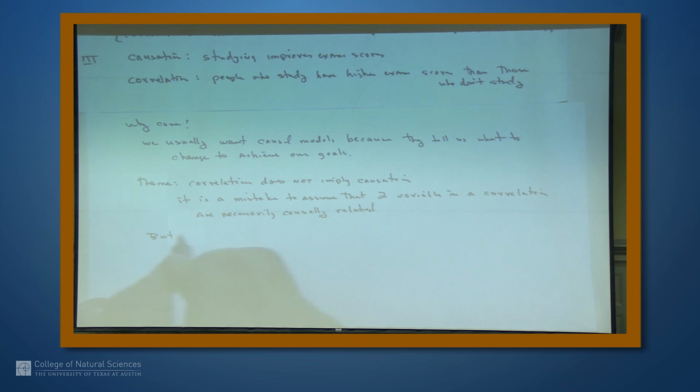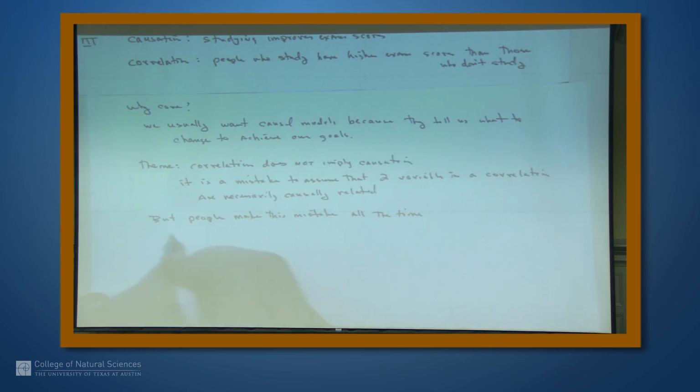And the problem is further that people make this mistake all the time. Furthermore, I'll go into next time, our brains are hardwired to make this mistake.